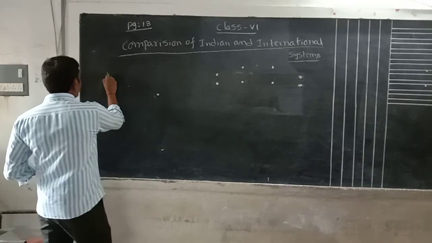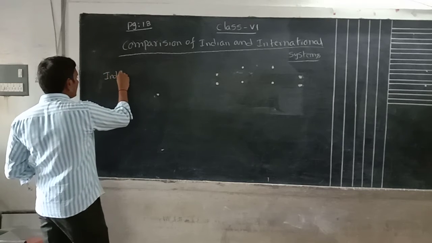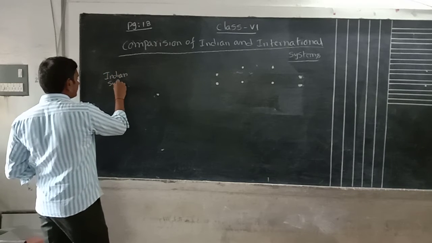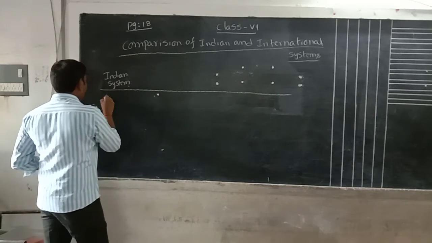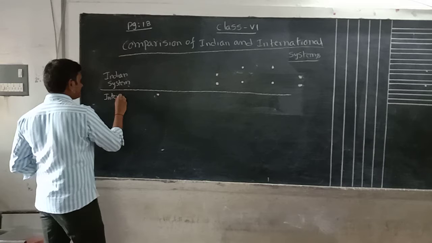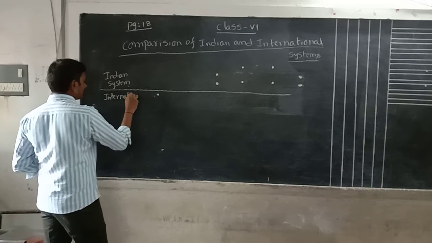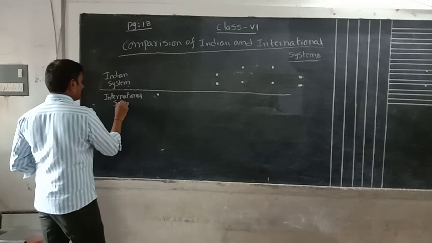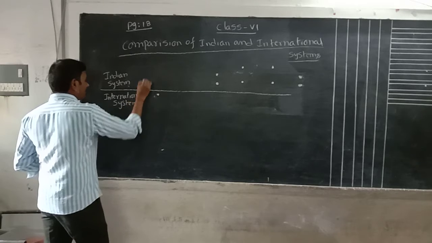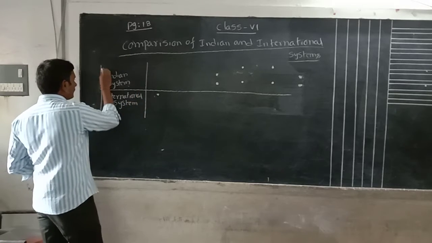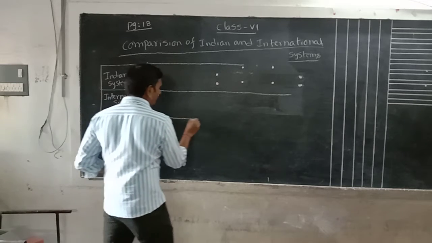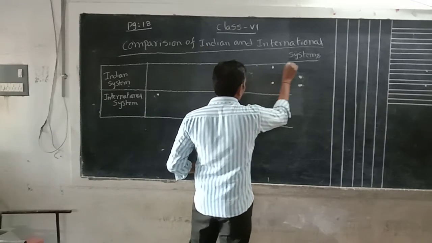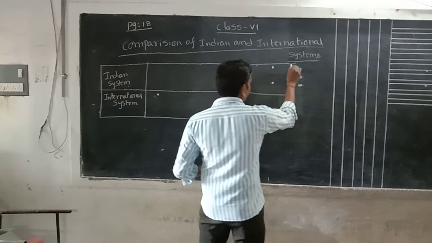The Indian system I will write here, and the international system below. These two systems we have to follow to compare. Now we have to take a part of the places available in the Indian system.